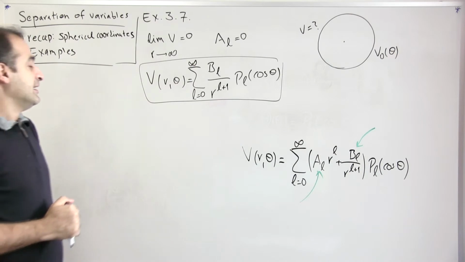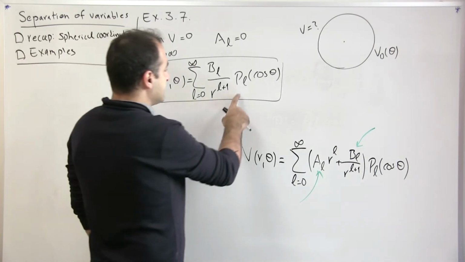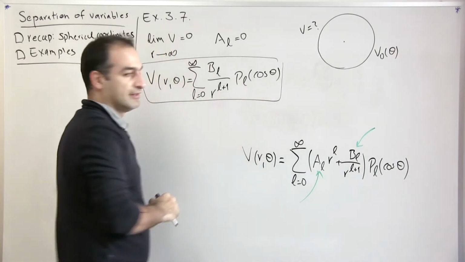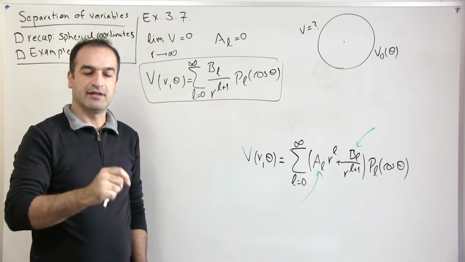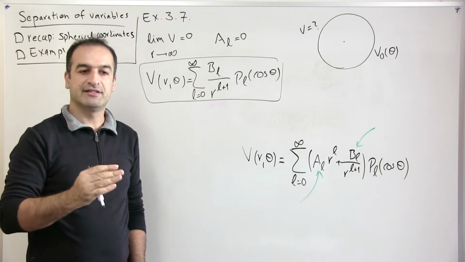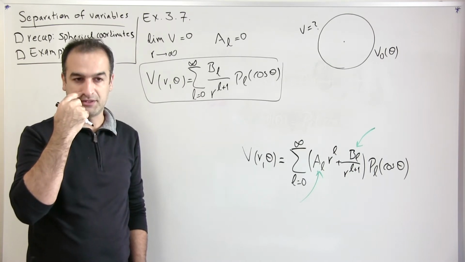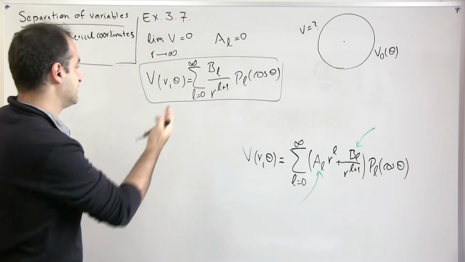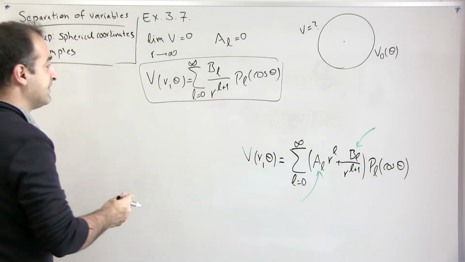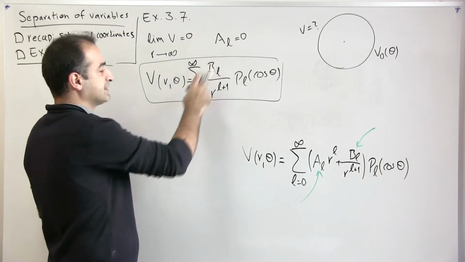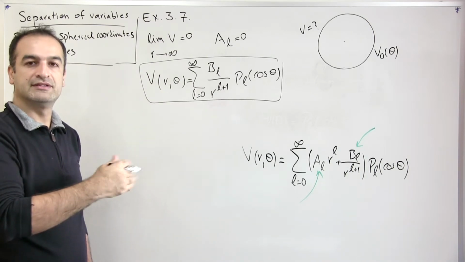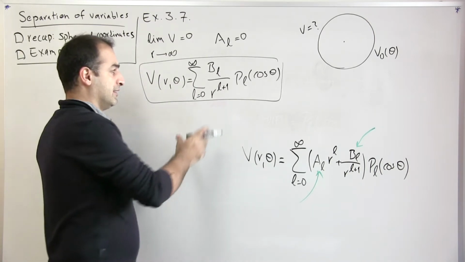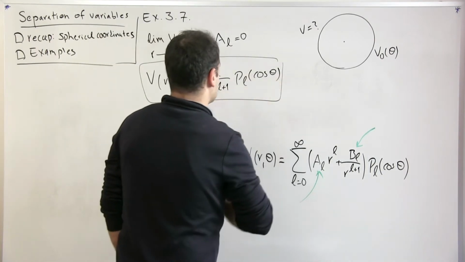Last week we said a nice thing about the Legendre polynomials is that they are orthogonal to each other if they are not in the same order. That is very similar to the sine and cosine functions. So that means we can create Fourier series based on that and find B_L values in the same manner that we used to find the coefficients where we had the Fourier series of potentials in terms of sine and cosine of theta.